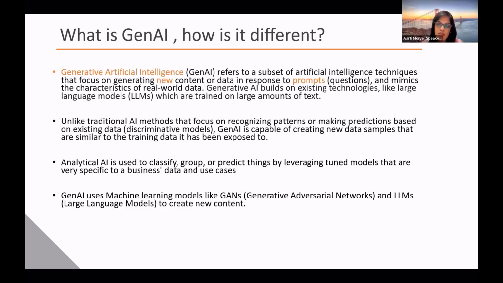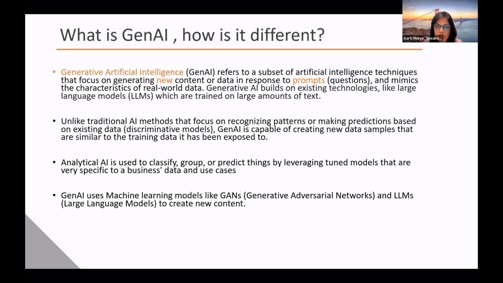Unlike traditional AI methods that focus on recognizing patterns or making predictions based on existing data, Gen AI is capable of creating new data samples that are similar to the training data that it has been exposed to. So, again, coming back to our premise of traditional AI methods, all of those traditional AI models come under the category of discriminative models.